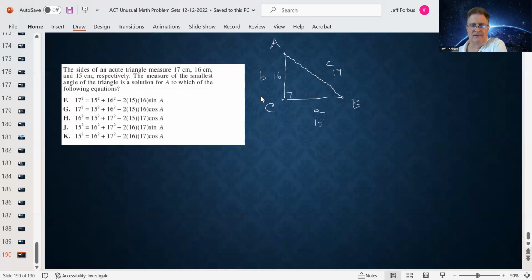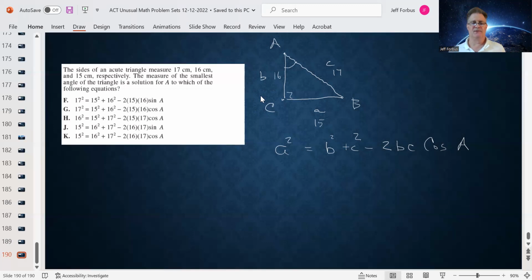Now, the law of cosines, we're looking for a solution for A. So we're going to write the law of cosines for A. A squared is going to be equal to B squared plus C squared minus 2 times B times C times the cosine of the angle A. They didn't give us any numbers for the angles.